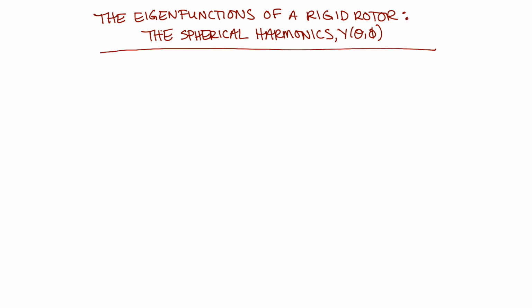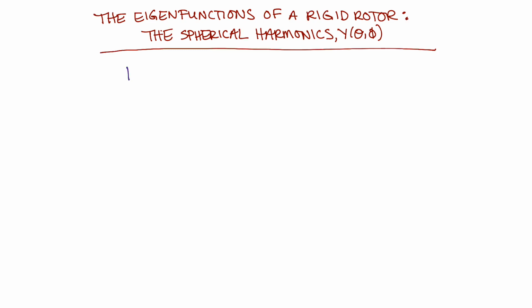Remember we are in spherical coordinates now, so our wave functions are going to be functions of theta and phi. Just like all of our other situations where we want to obtain eigenfunctions, we need to first start by solving our Schrodinger equation.